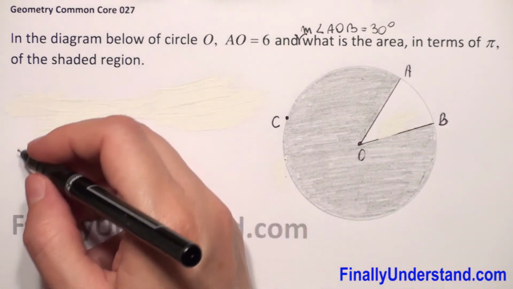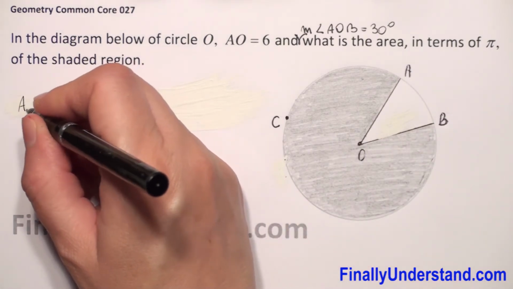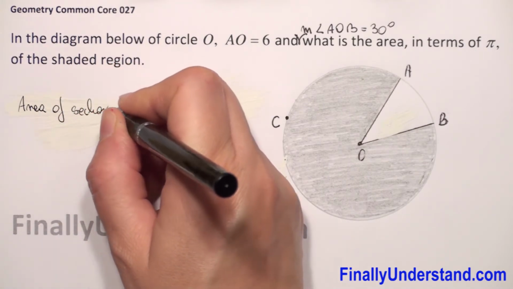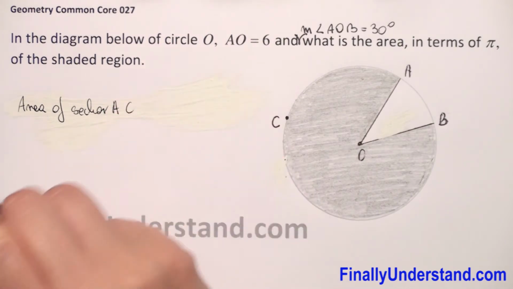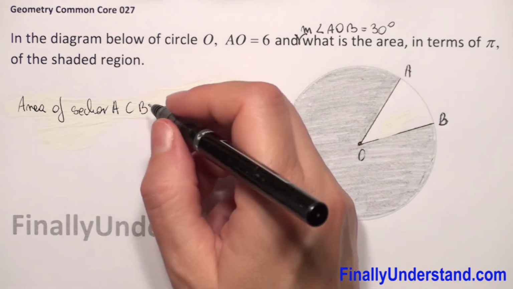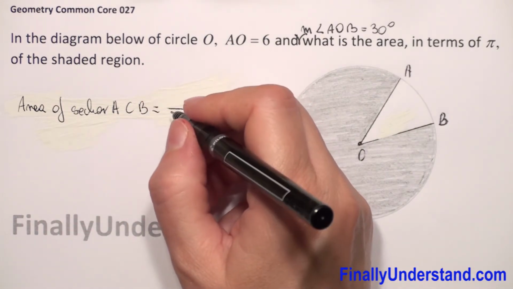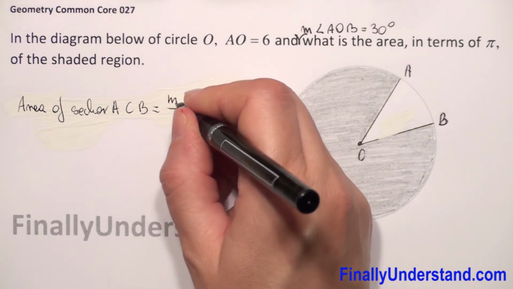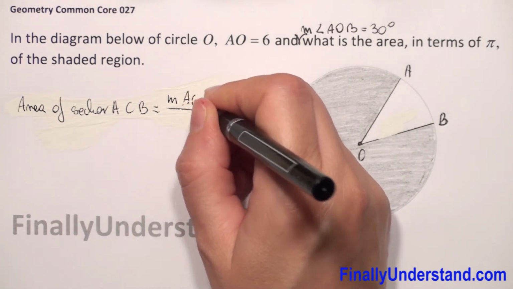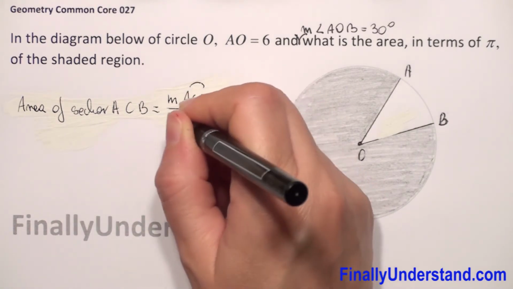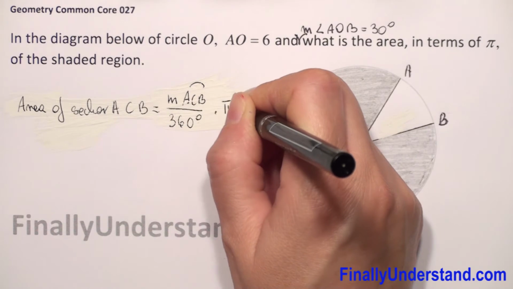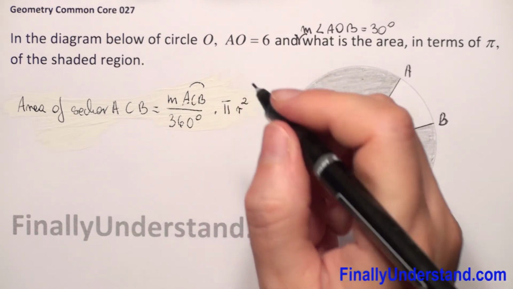So the area of sector ACB will be equal to, in the numerator, the measure of arc ACB over 360 degrees times pi times the square of the radius.